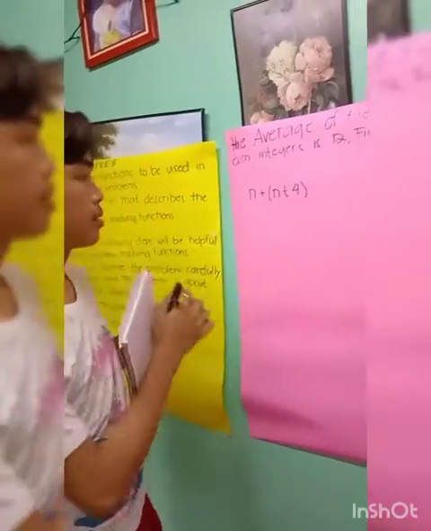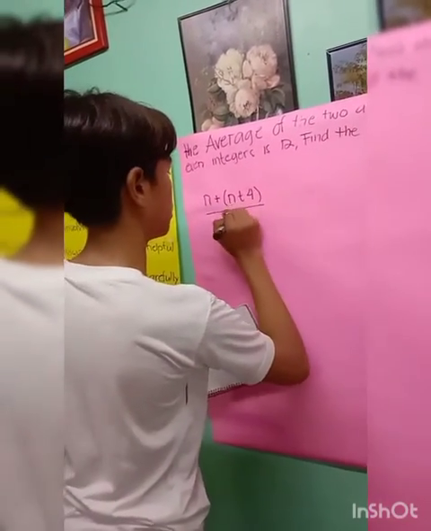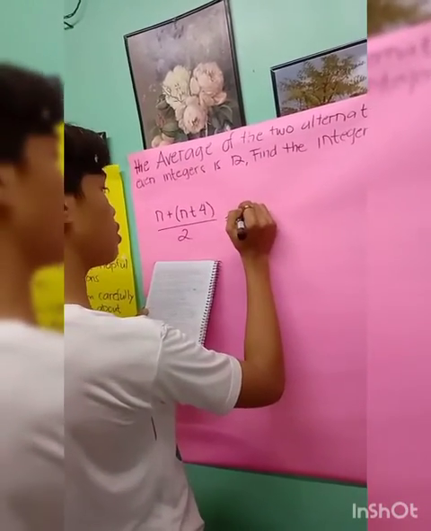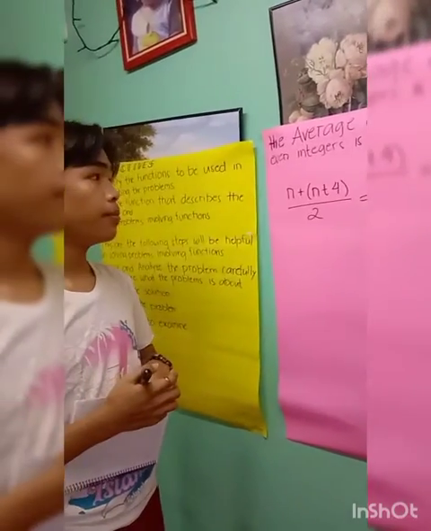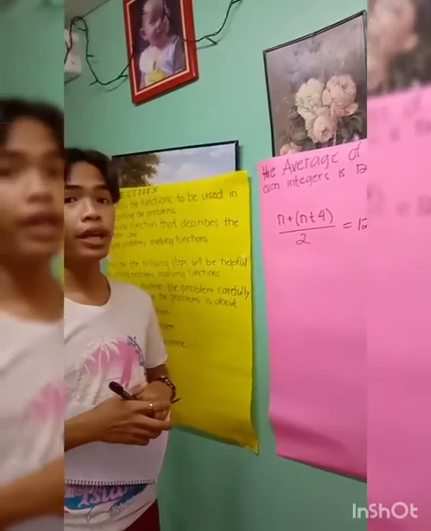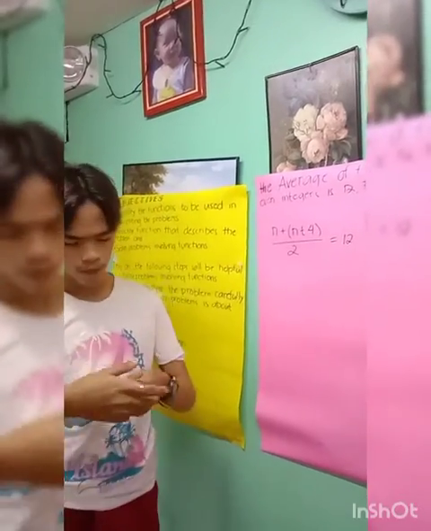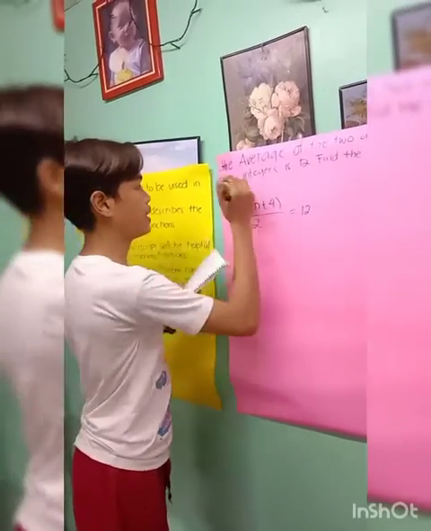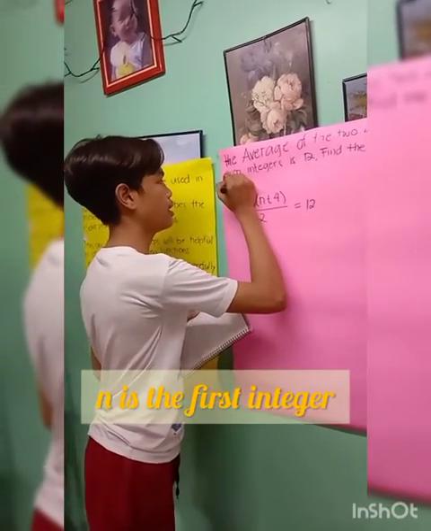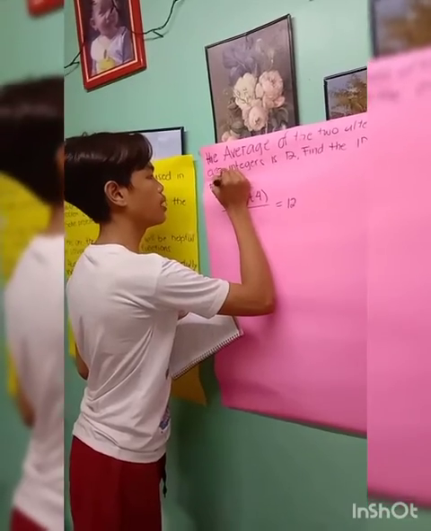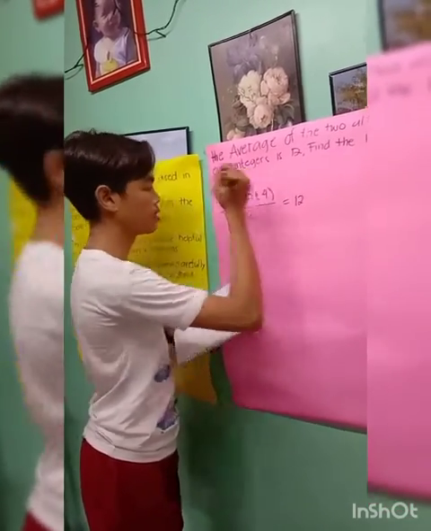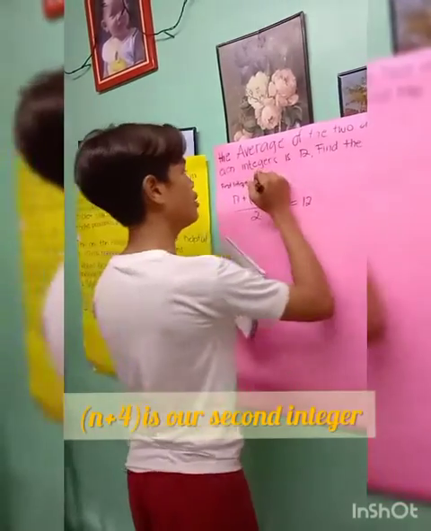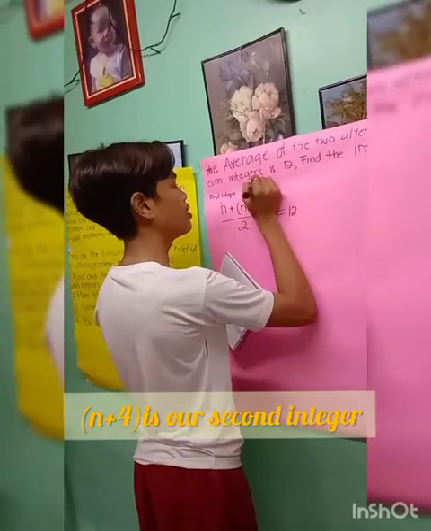That is n plus n plus 4, divided by 2, is equal to 12. n is the first integer, and n plus 4 is our second integer.